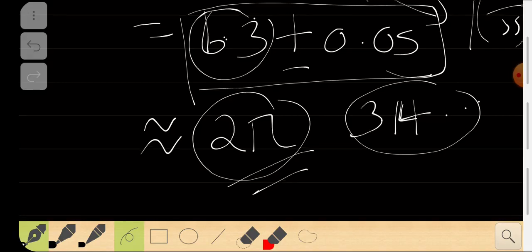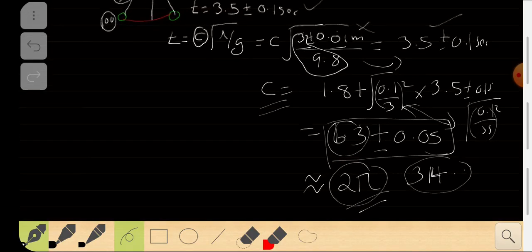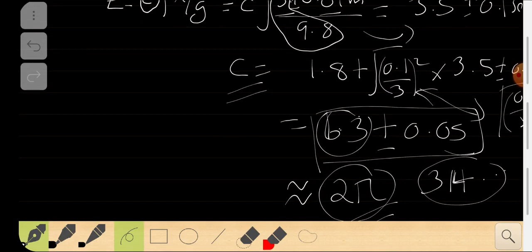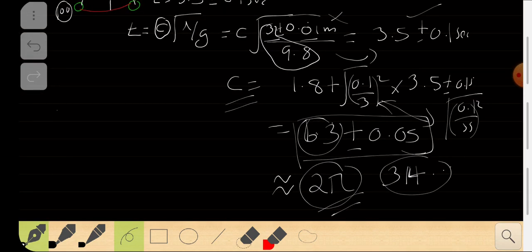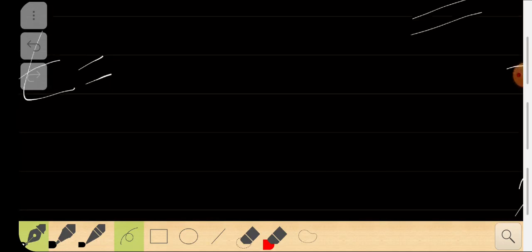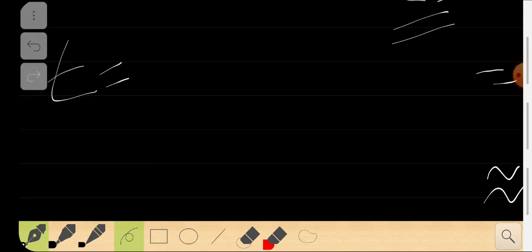So we have clearly proved, with an experiment that I have done personally, and you can do it again, that the time for a pendulum oscillating around a fixed point with a massless string will be around 2 pi times root L by G.